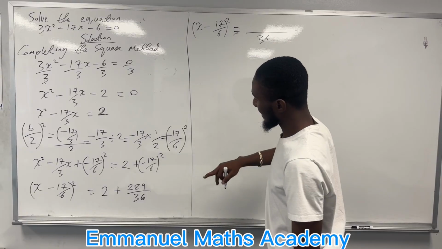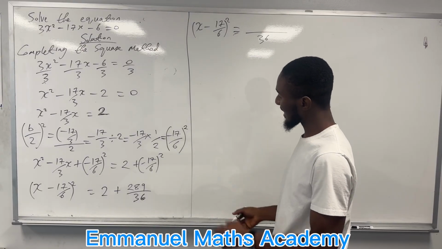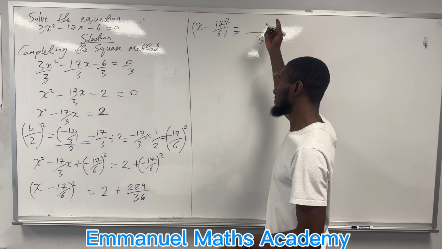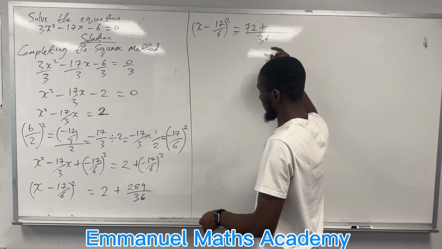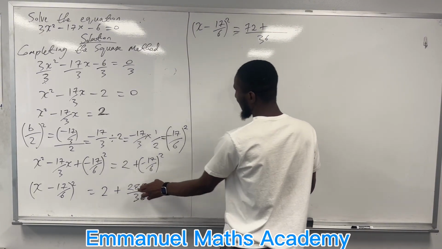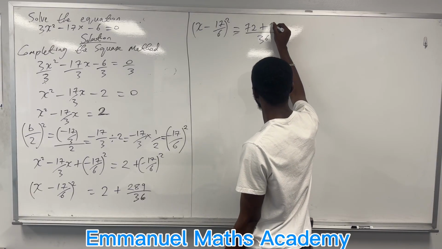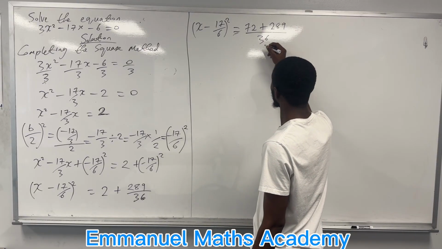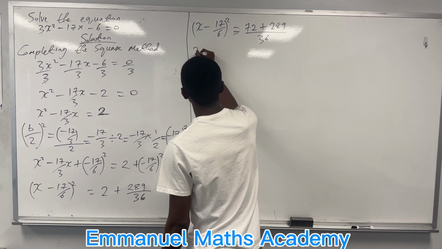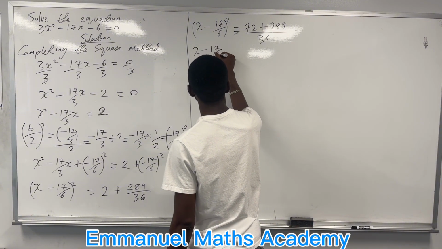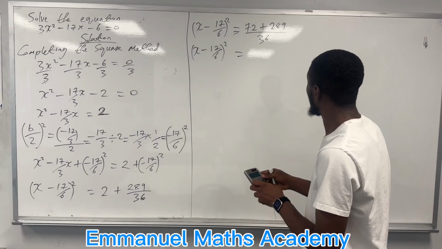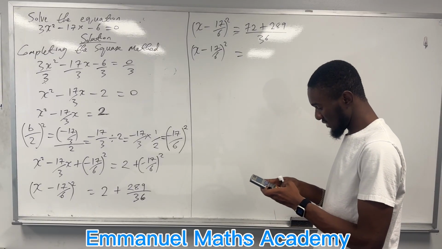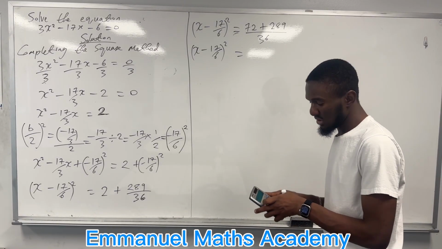So 36 times 2 will give you 72. 72 plus 289, 1 times 289 will give you 289. Hence, you have x minus 17 over 6 squared equal to 72 plus 289, which is 361.